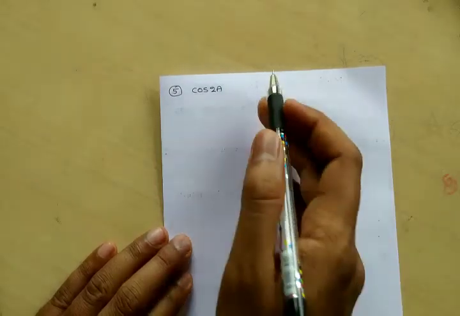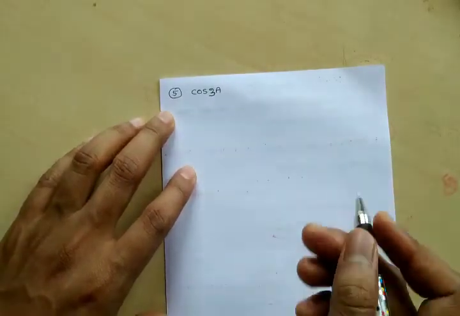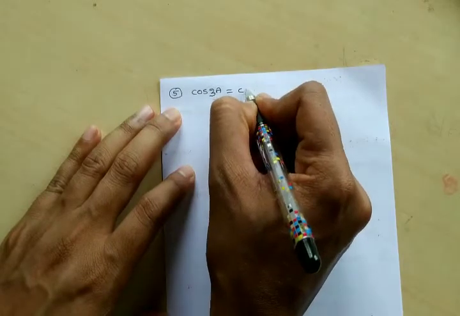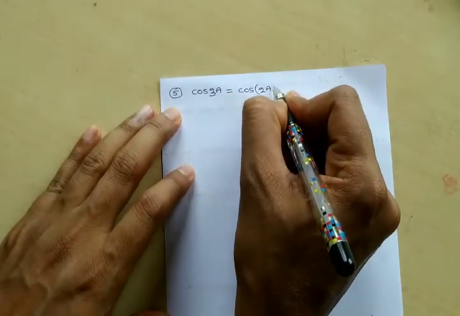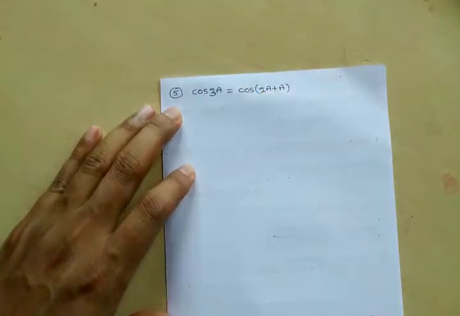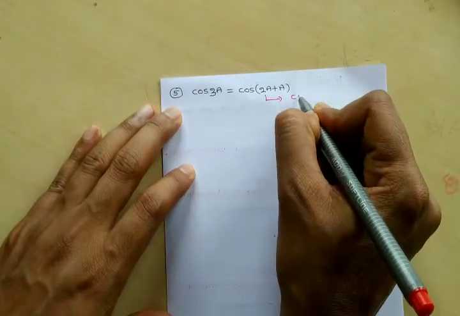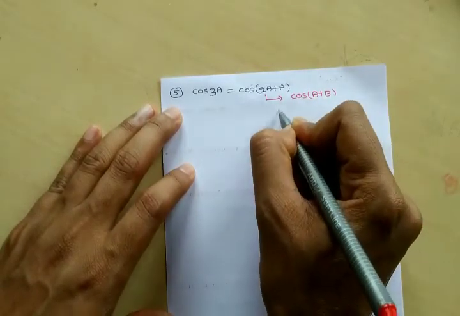So next one is cos 3A. Which is equal to, first split that 3A. This 3A can be written as 2A plus A, correct? So that time here you need to apply which formula, cos A plus B. So you know that formula. What is the formula?